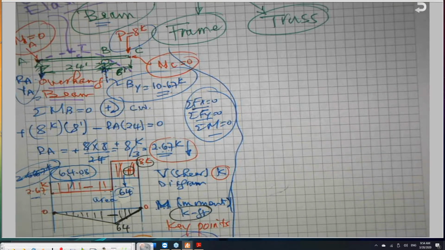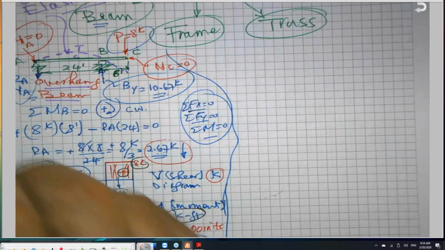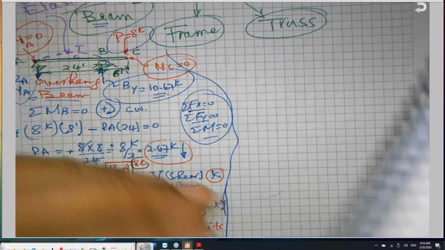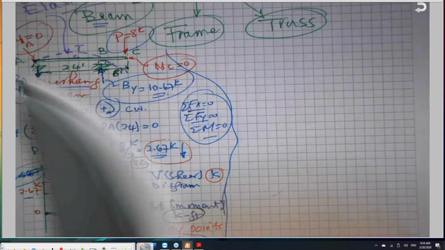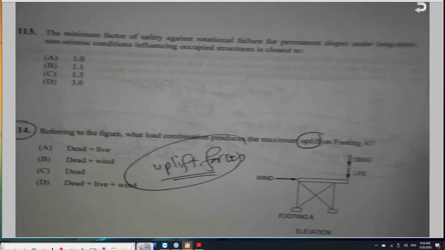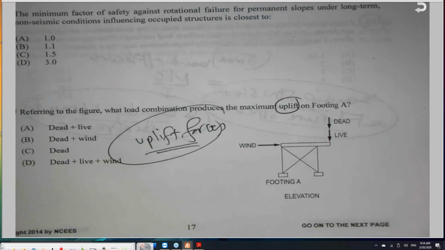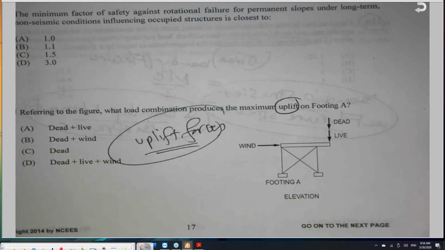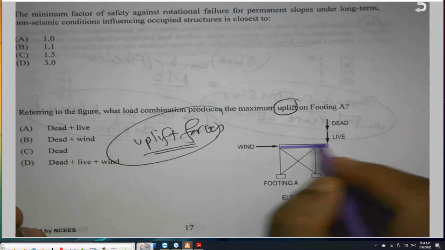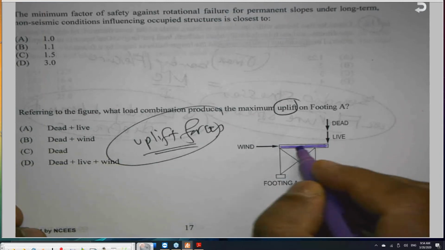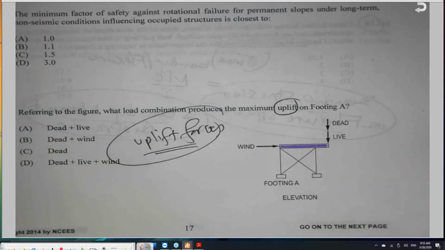We said that the uplift force also could be for a frame, like the problem given in the NCEES. This is a frame. A frame is a structure that consists of beams and columns, like this. We have some kind of a girder or a beam, and vertical members, we call them columns.